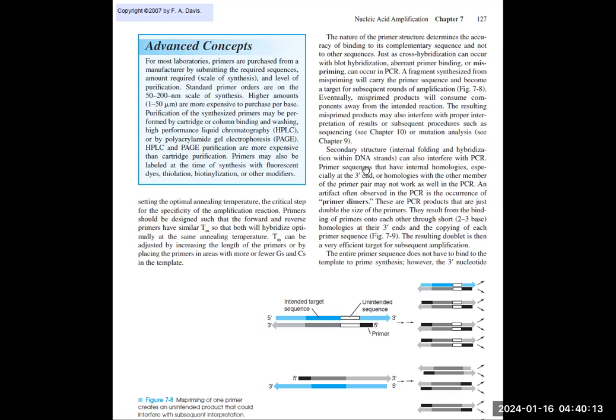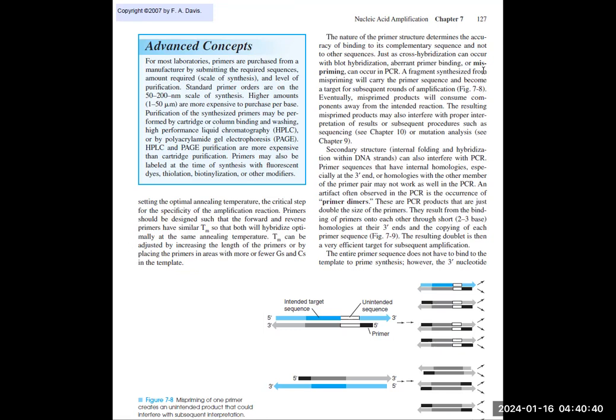So before going to this one, the nature of primer structure determines the accuracy of binding. But we can also encounter problems like mispriming, where the primer binds to sequences that are not the sequences we're looking for.